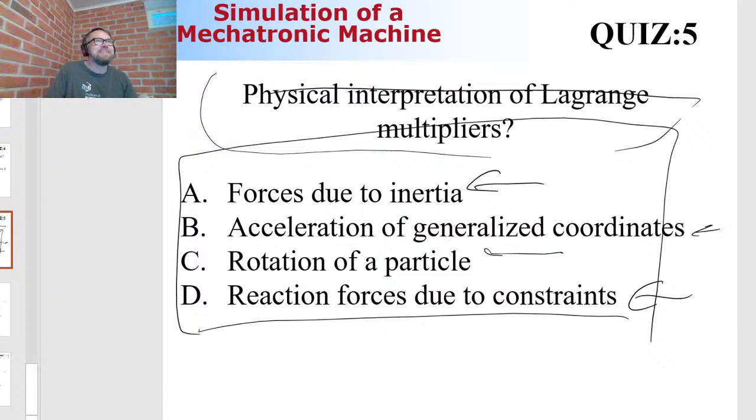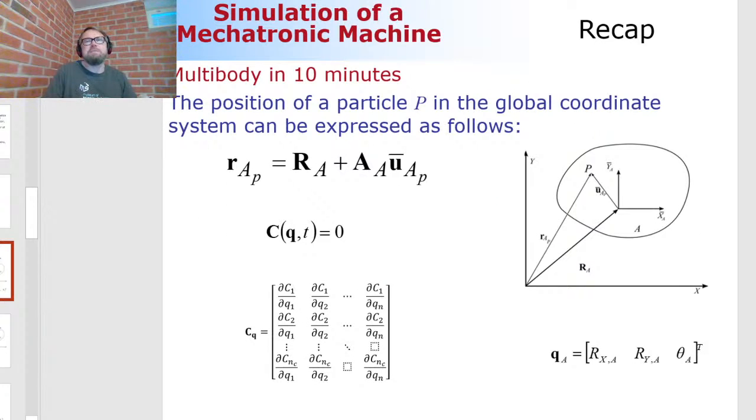Safe choice. Okay. With that, I'm going to move on to this attempt to summarize the story of multibody dynamics within 10 minutes. It's going to be less than 10 minutes. I will let you enter your answer to this last in-class quiz of the day.